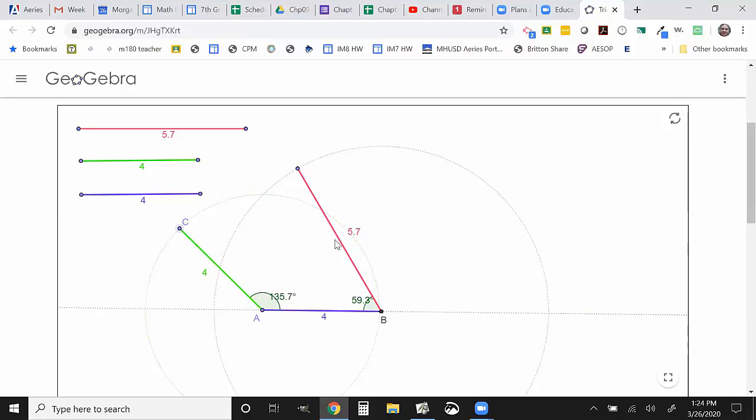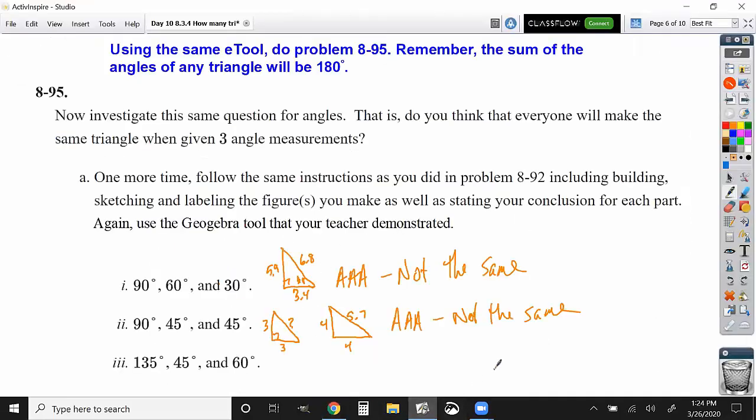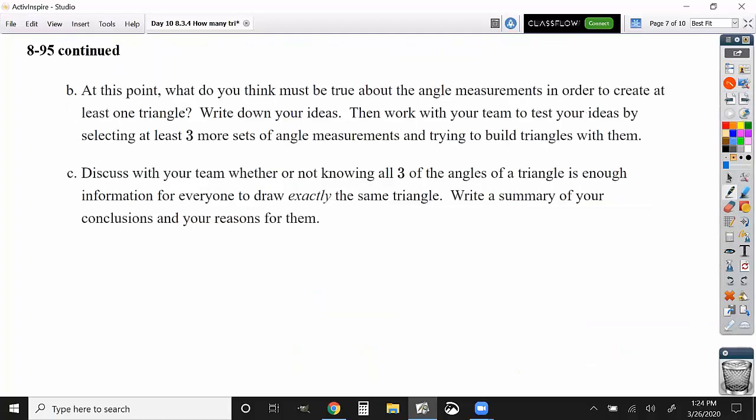So this is not going to form a triangle right now. So I would say for problem 3, not a triangle. Maybe I'm going to add one more thing to that. 135 plus 45 plus 60 is greater than 180 degrees. Unhappy face.